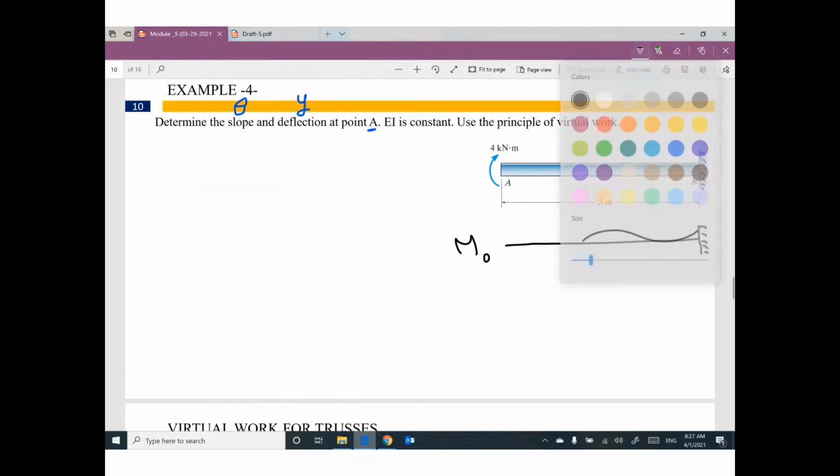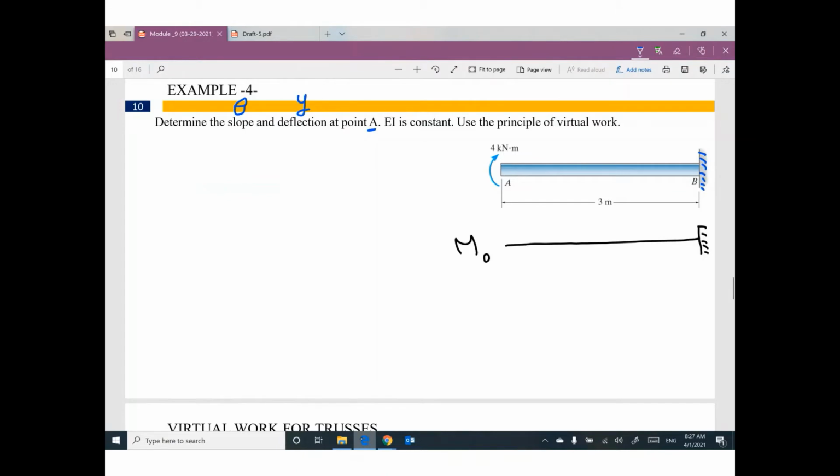We have only this concentrated moment, so I will put here value 4 at the head of this arrow up, and this value will remain constant to the end of the cantilever, positive. This is the shape of M naught.